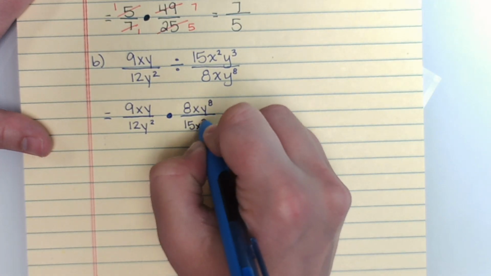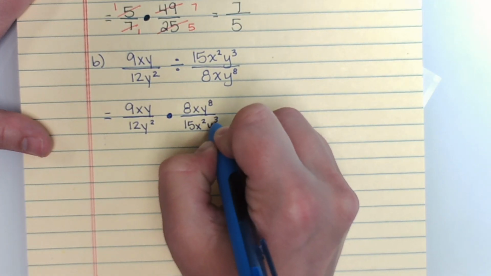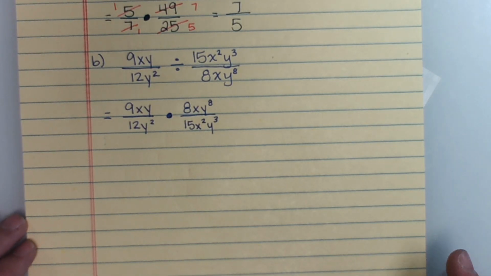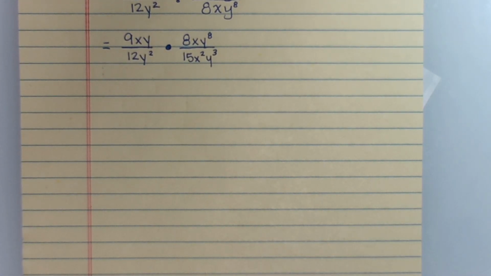Be careful with your keep, change, flip. It is not uncommon. People accidentally forget to flip it, even though that's what they're trying to do. It's not uncommon. People lose things as they flip it. What can I do on this problem now that it looks like this?